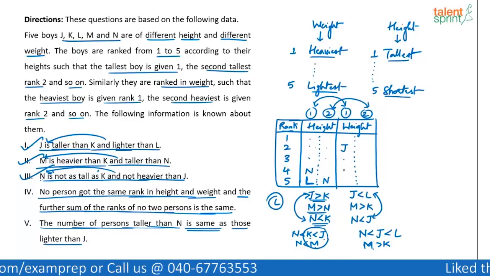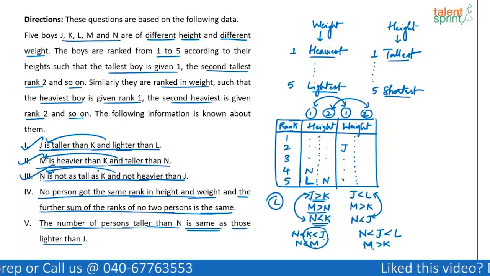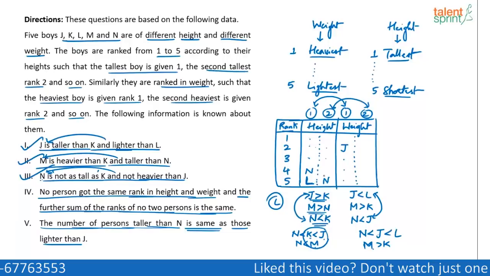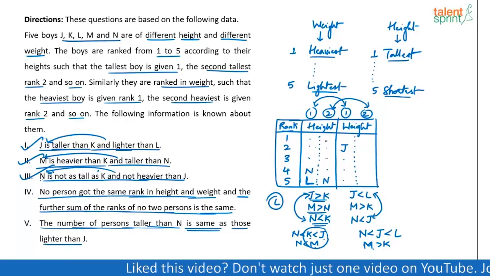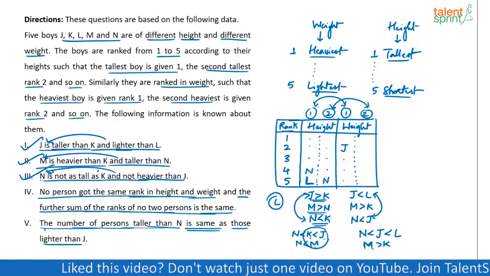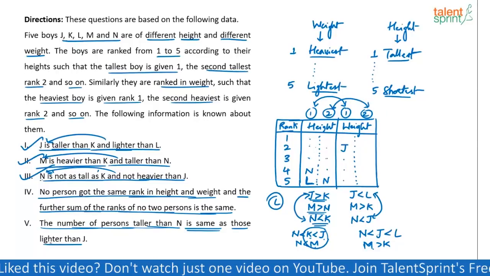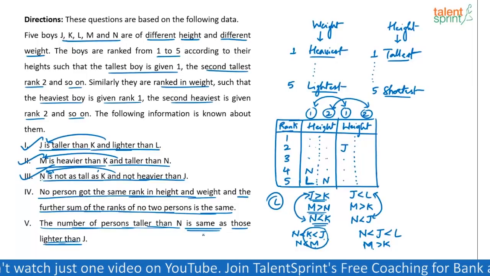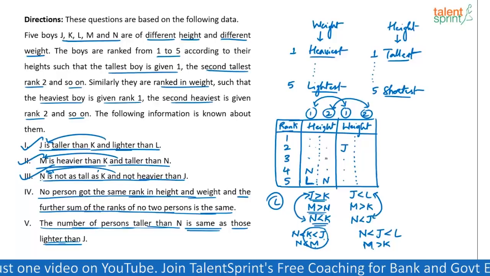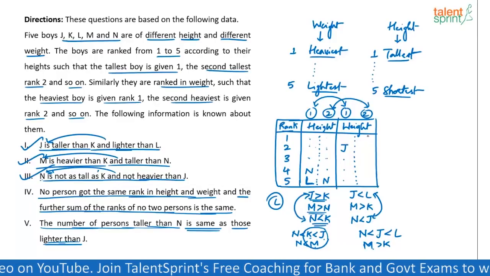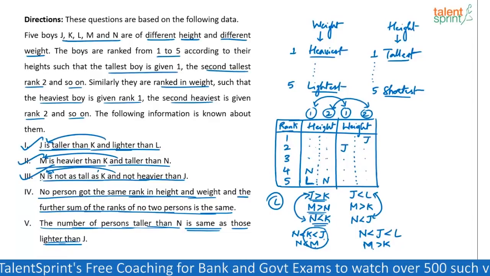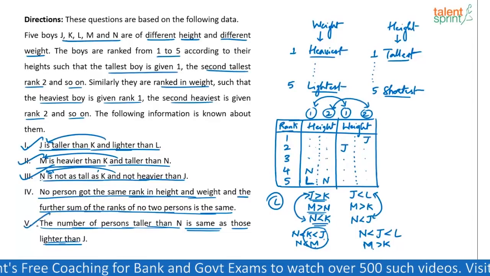There will be 3 persons lighter than J: 3, 4, 5 ranks all are lighter than J. Similarly, if I take case number 2, there are 4 persons taller than N. If there are 4 persons taller than N, there should be 4 persons lighter than J, which means J should be first rank. Only then 4 persons will be lighter than J. So this is the meaning of the fifth statement, which you have already marked.